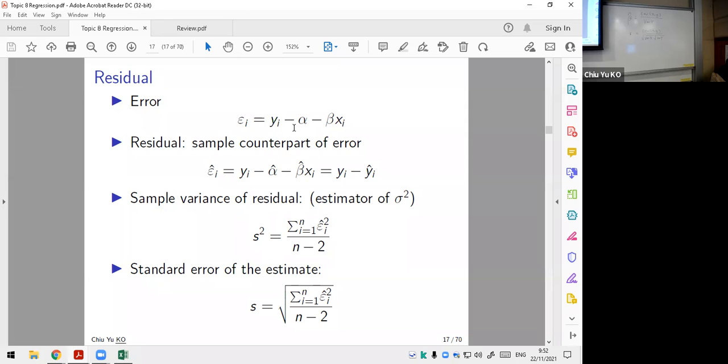That's why we have this minus 0 squared, so the 0 is gone and only this one is left. And you will see we divide by n minus 2. You may ask why n minus 2 here. The reason is the same as the formula we remember from topic 1.